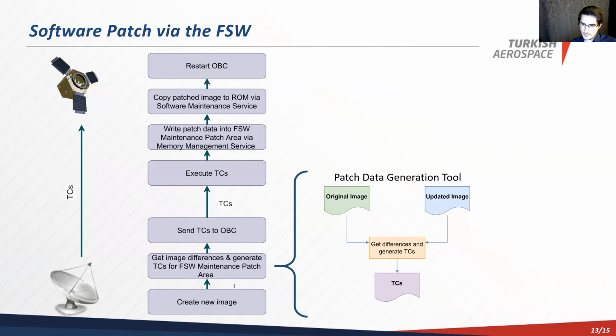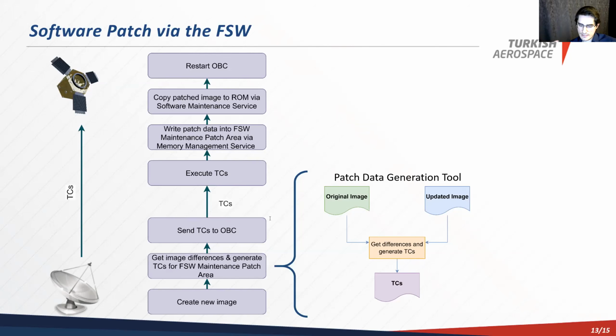We create our new image, and we provide this image and the original image to our patch data generation tool. It creates the required telecommands. We then transmit these telecommands to our spacecraft, but this time, the spacecraft has the flight software image loaded onto its RAM.